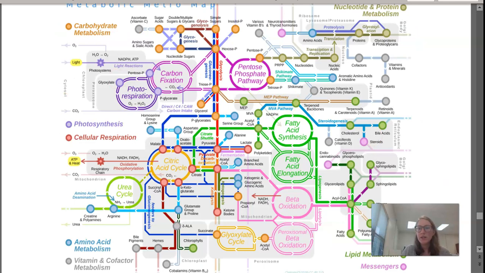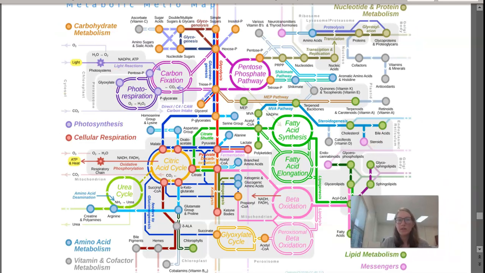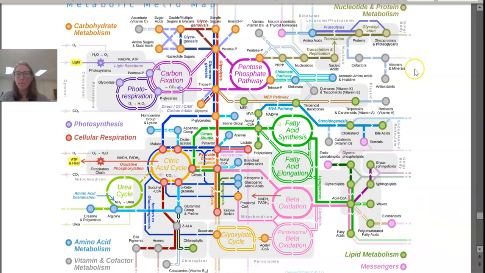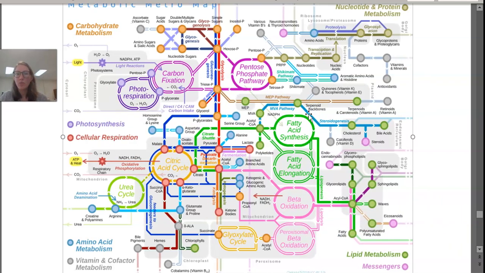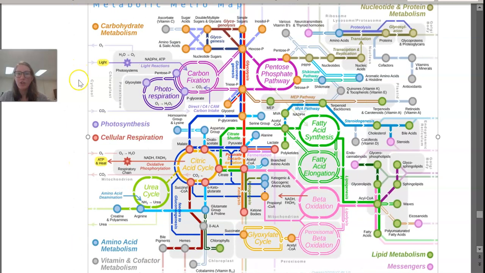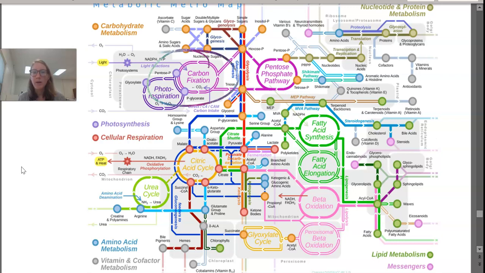This is kind of a crazy subway path picture that shows all of the different ways in which you can have energy within a cell. No, you do not need to know this, but when we're done with this year, you'll actually be able to understand some of this. We'll look at what carbon fixation is a little bit.